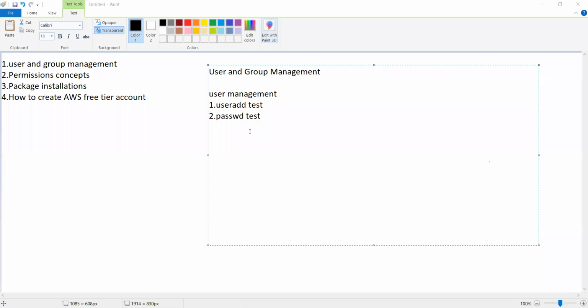So this would be the place where user related files or folders or any kind of things would be stored.